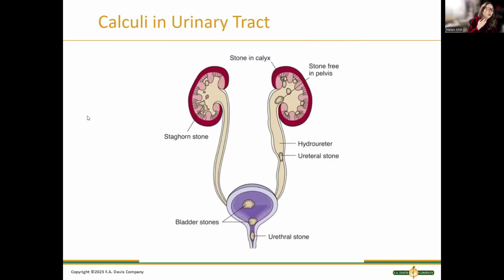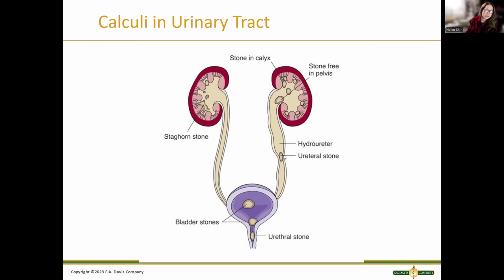So this is a picture of what it might look like to have stones in your urinary tract. The stones can form in the calyx, which is the small funnels in the kidney. Then it could be broken free and end up in the pelvis, which then goes down into the ureter. And then that stone can get stuck in the ureter.